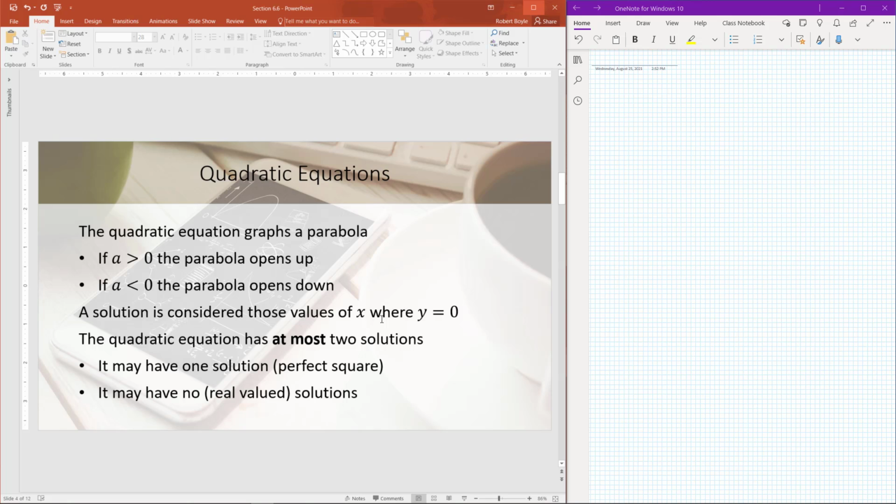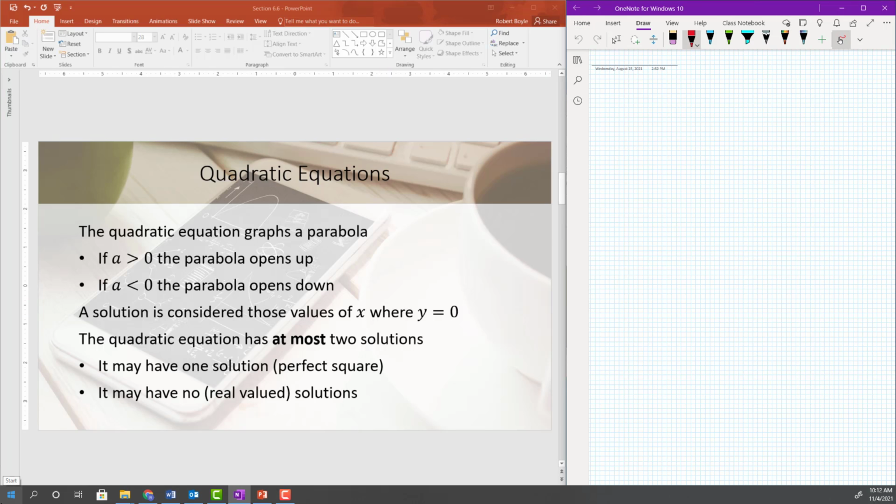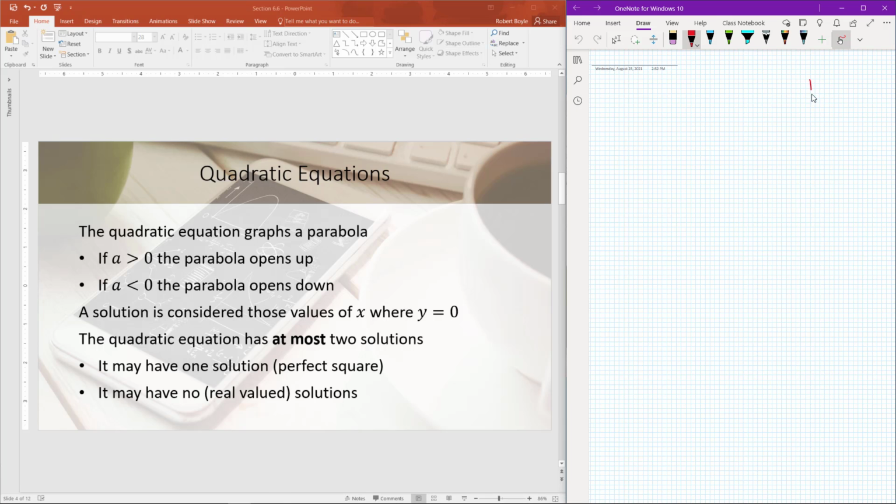Now, the cool thing about a quadratic equation is that it graphs this thing called a parabola. And it turns out that if a is greater than 0, then the parabola will face up like that.